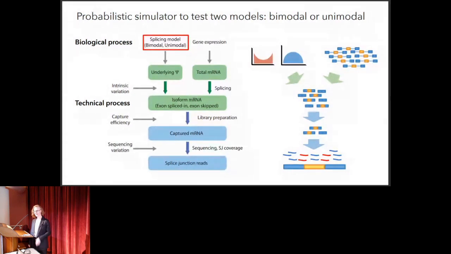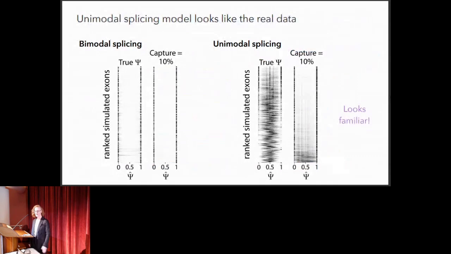And the other is that the true underlying splicing is bimodal across the population of cells. When he did these simulations, including a lot of data loss, the real data look a lot more like the unimodal model, where the higher the data coverage, the less of this bimodal pattern you see. But when you have low recovery for exons with low coverage, you do see this sort of artificial binary pattern.